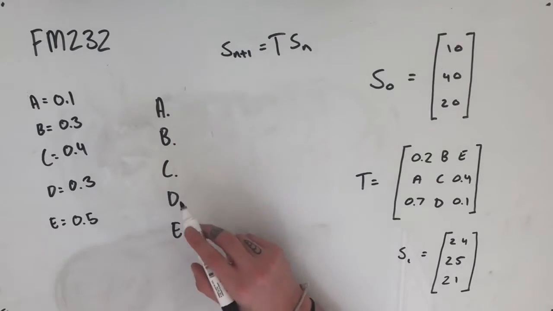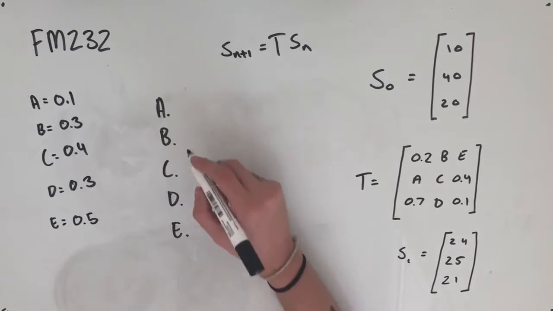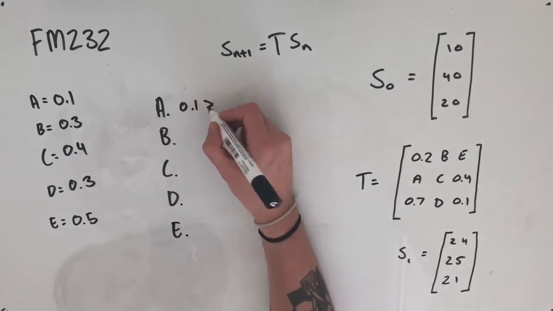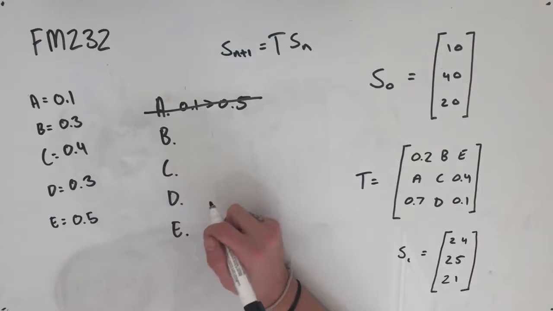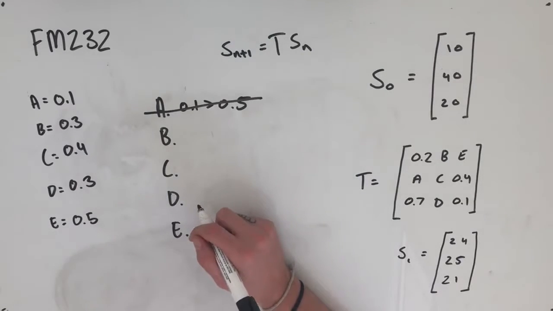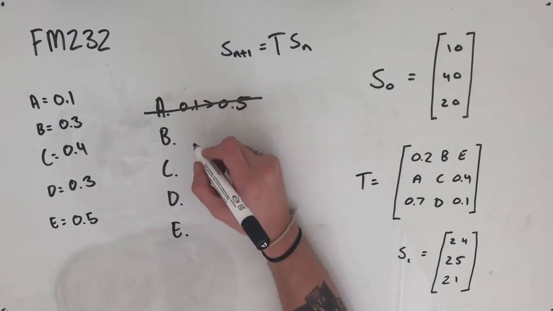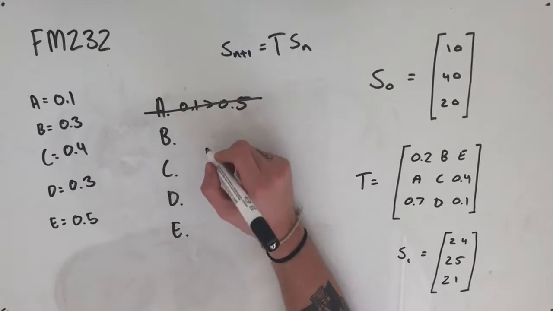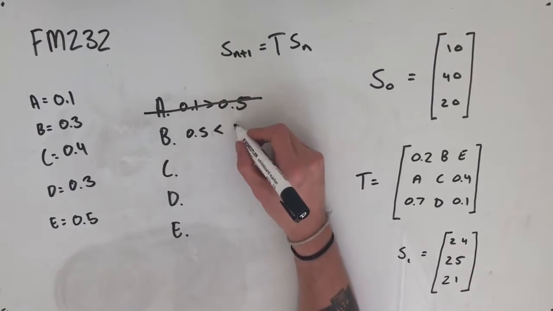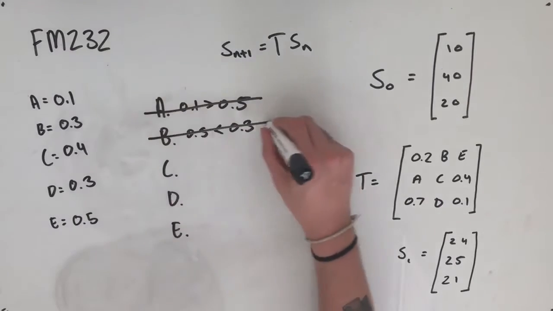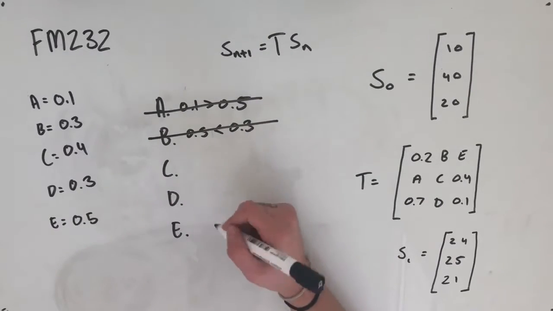Option A says that A is greater than E. That's saying that 0.1 is greater than 0.5, which is incorrect. On to B. E is less than B. They're saying 0.5 is less than 0.3. Once again, incorrect.